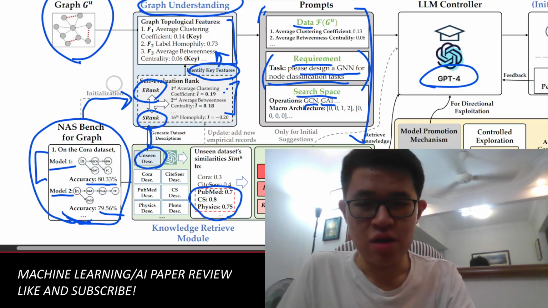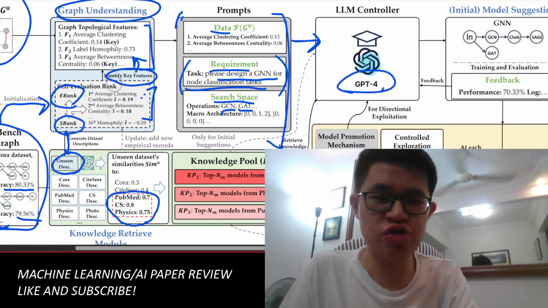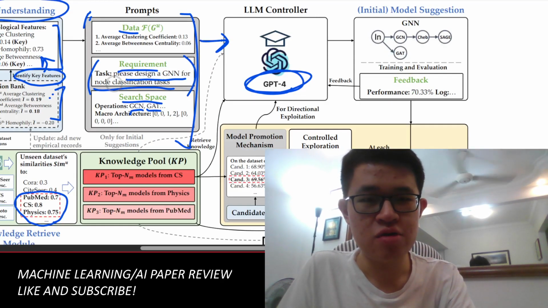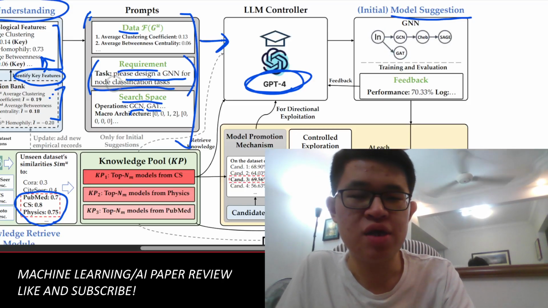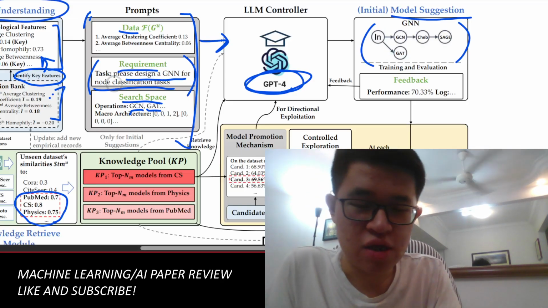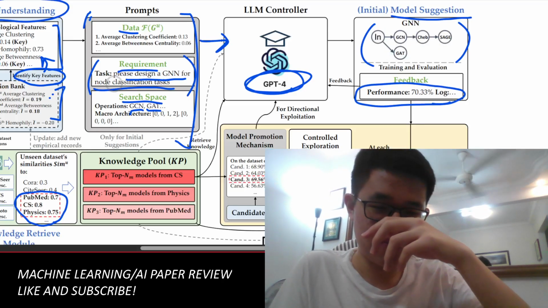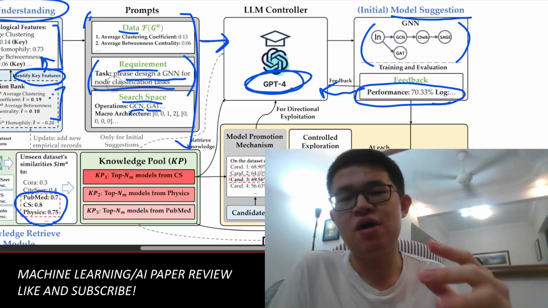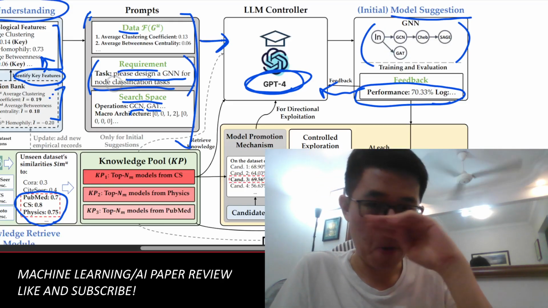And then you give it to GPT-4 and tell it, please generate a model, suggest a model. Then you have to evaluate the performance of the suggested model, and then you have a feedback mechanism giving feedback about the performance of its own suggested model directly back into GPT-4.